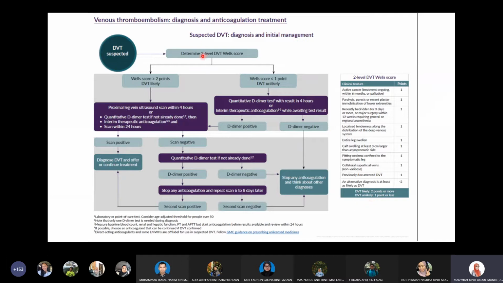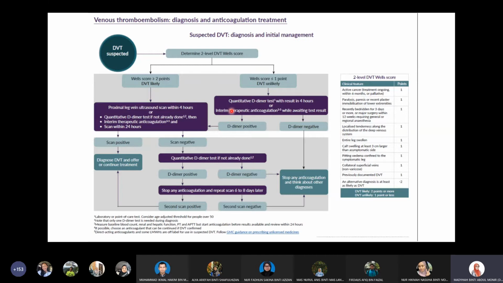So as you can see, when you suspect clinically that the patient has DVT, either by the symptoms or the patient comes with a pulmonary embolism presentation, you do the scoring. When the score is at least 2, it is likely to be DVT. But if the score is lower, it is unlikely.